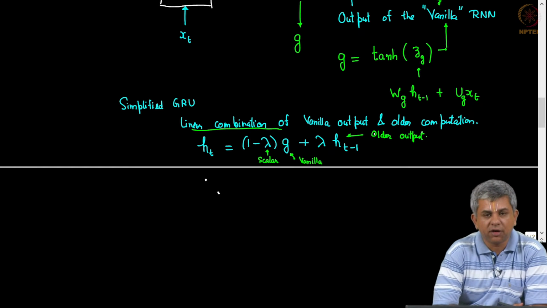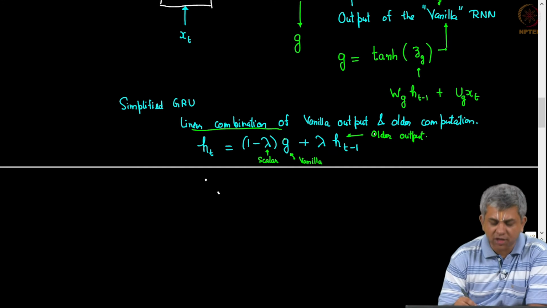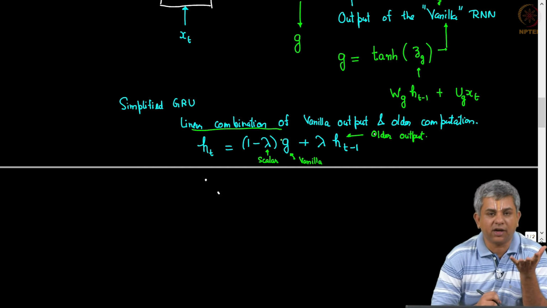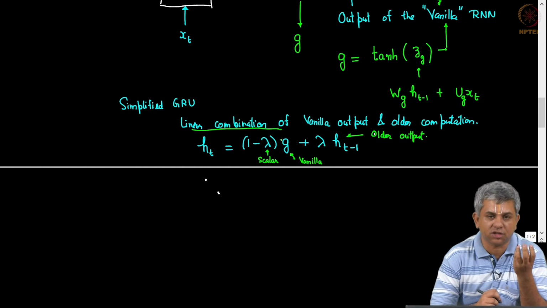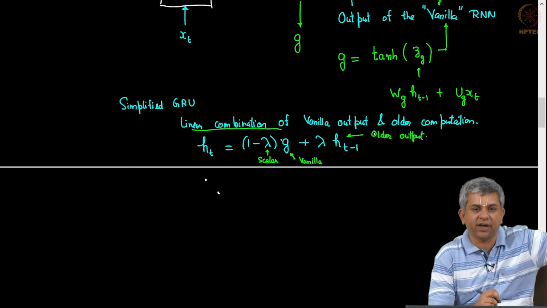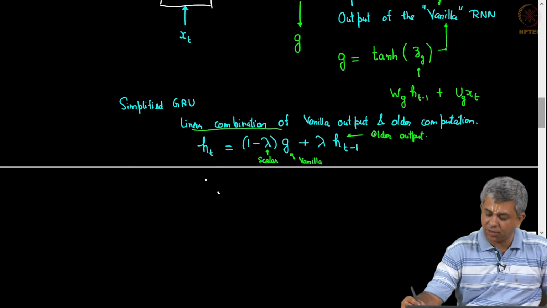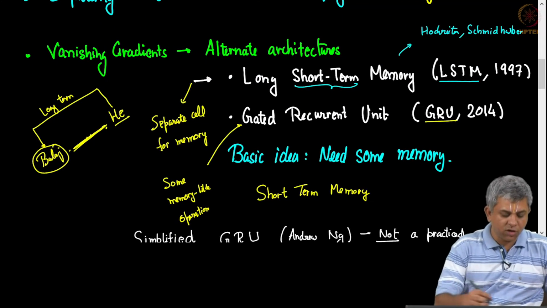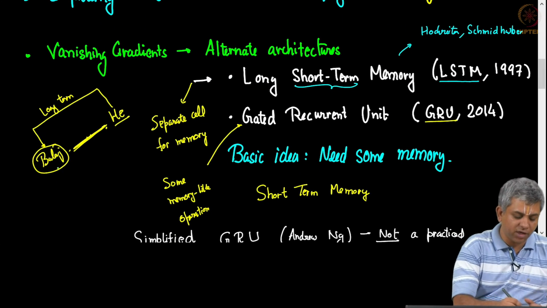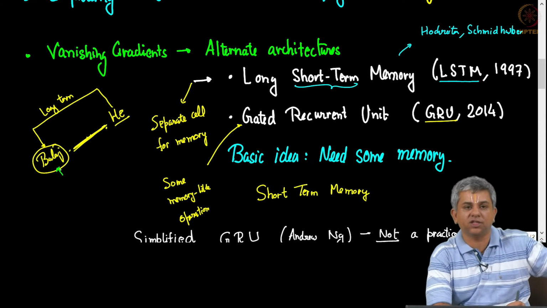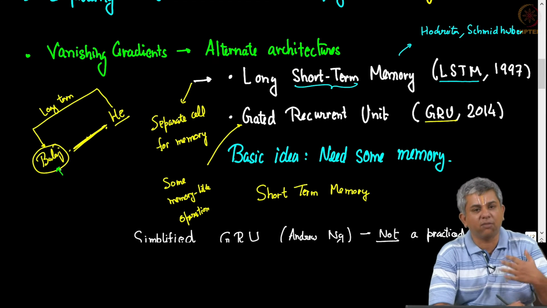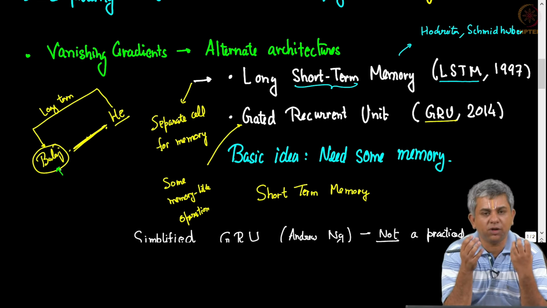How does this help? What we are saying is, I will not simply take whatever I have got right now, but I will also retain some portions of whatever computations I did before. Going back to the example that I used here, what we hope is that in the HT minus 1 some portion of this term Balaji is stored. All this is very vague, but much like CNNs, all these algorithms were made with several heuristics.